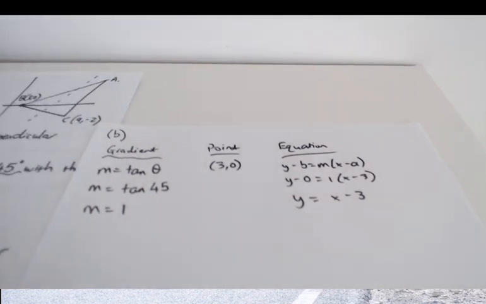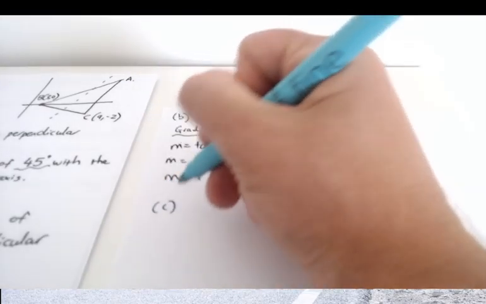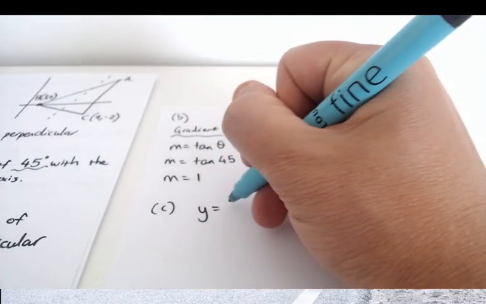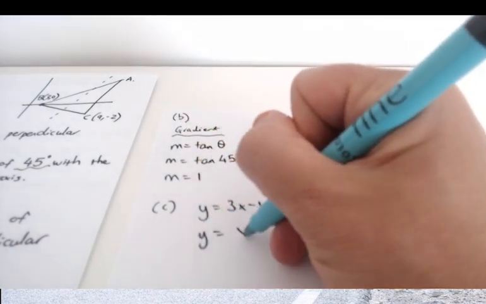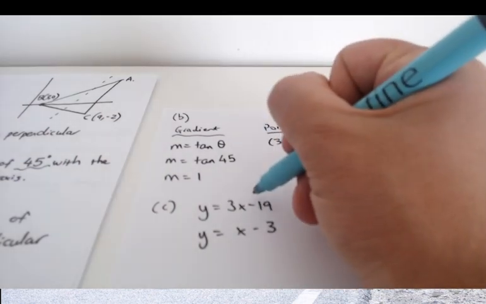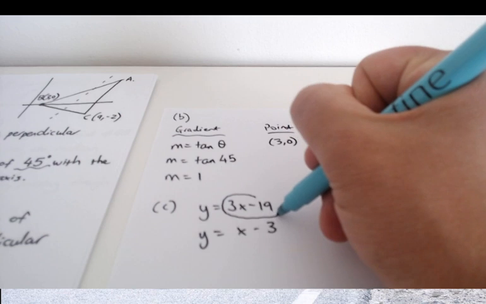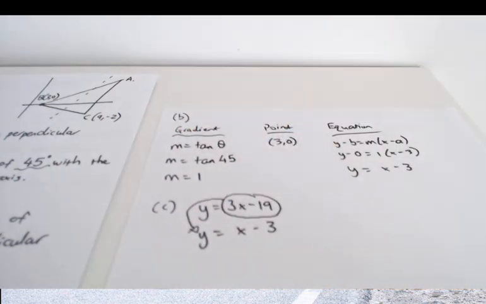Part C wants to know where your two lines will cross. So you have this line from part A, and you have this line from part B, and we want to know where they cross. We want to solve them simultaneously. So same as before, I'm going to use substitution. y equals 3x minus 19. That's going to go in there instead of the letter y.